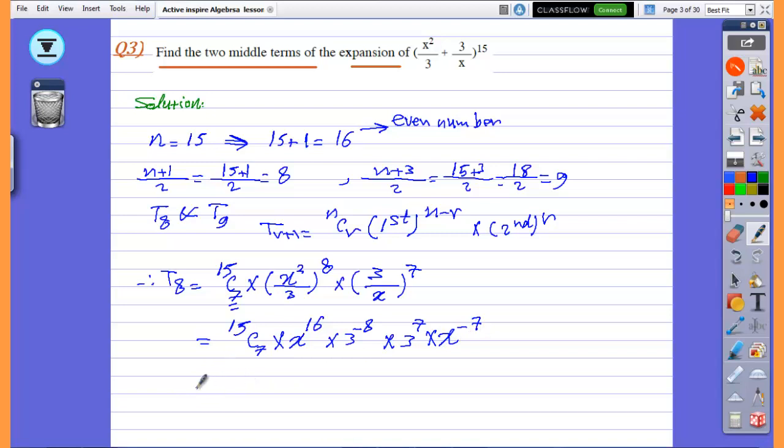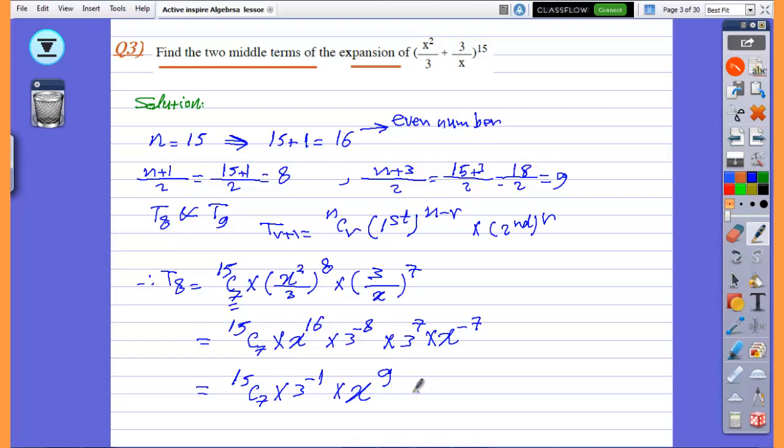And we simplify this value, it is equal to 15C7. Here we have 3 power negative 8 multiply 3 power 7, which equals 3 power negative 1, because when you multiply we add the powers, negative 8 plus 7 equals negative 1, multiply x power 16 plus negative 7, it means 16 minus 7, equals 9.